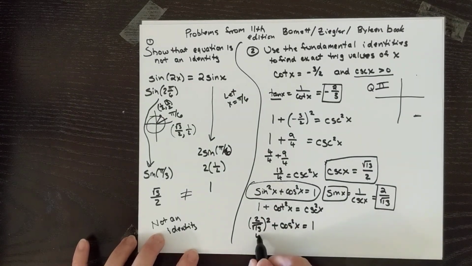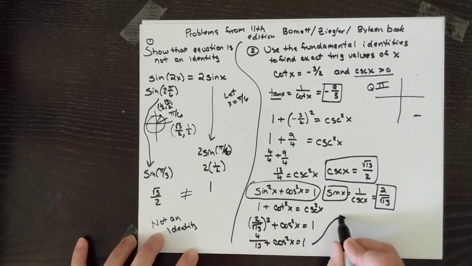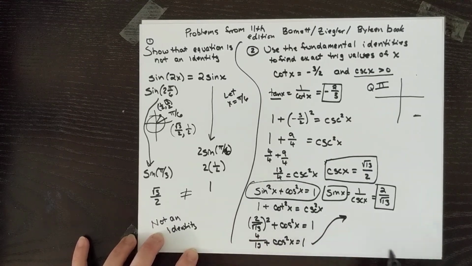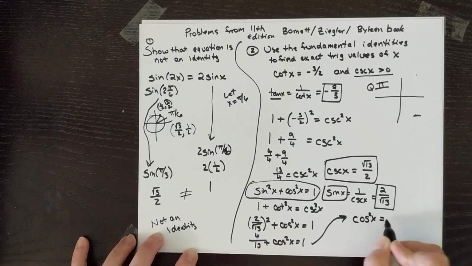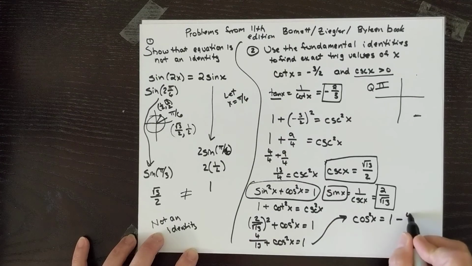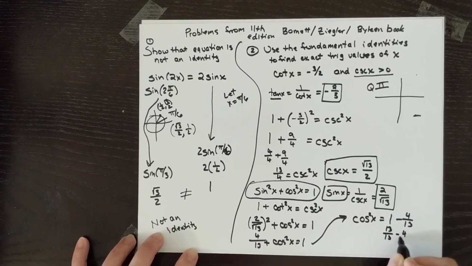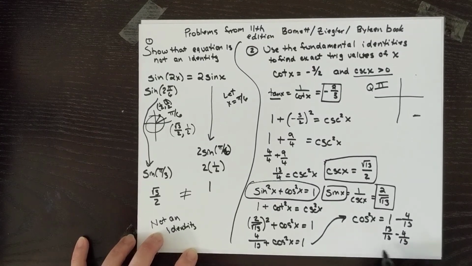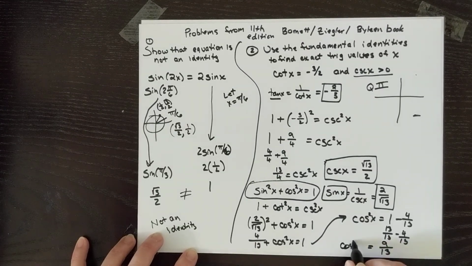So that's going to be 4 over 13 plus the cosine squared of x is 1. I'm going to subtract 4 over 13 from both sides. The cosine squared of x is 1 minus 4 over 13. That's 13 over 13 minus 4 over 13. That is 9 over 13. That's the cosine squared of x.